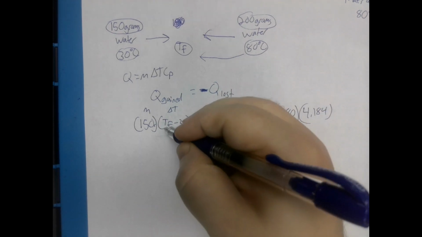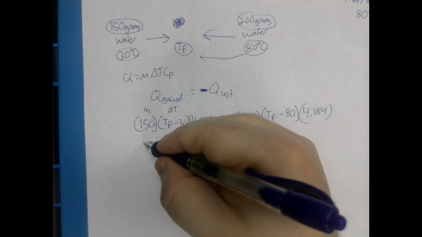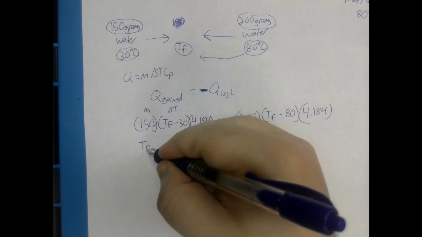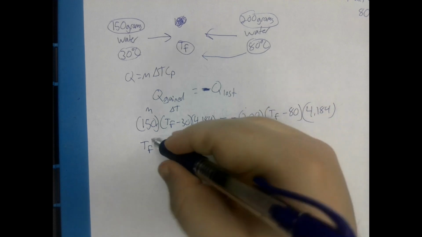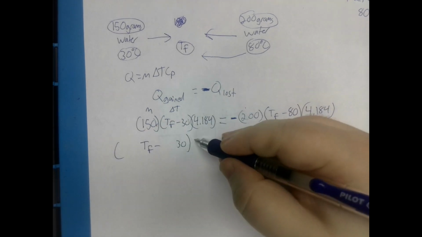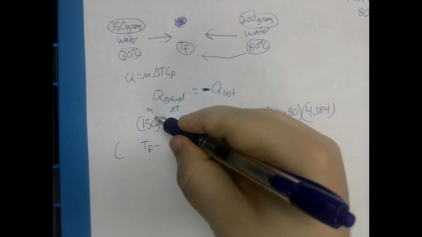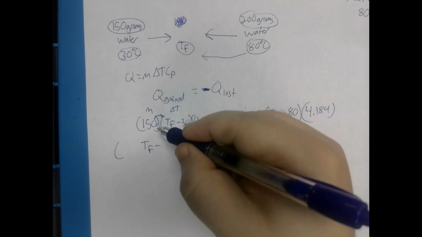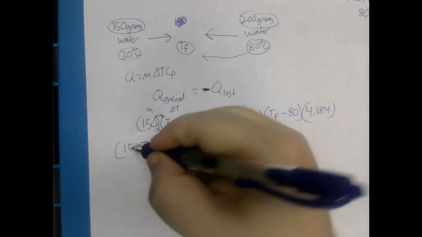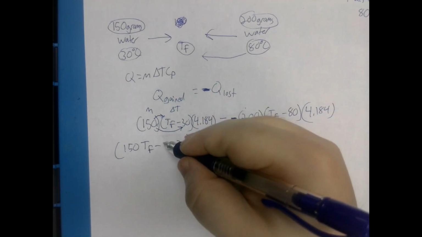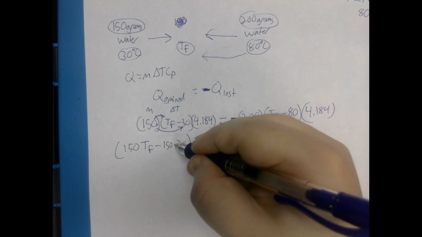So we have TF minus 30, TF minus 30 in parentheses. This 150 is going to be multiplied to TF and the negative 30. So that would be 150 times TF and 150 times 30.